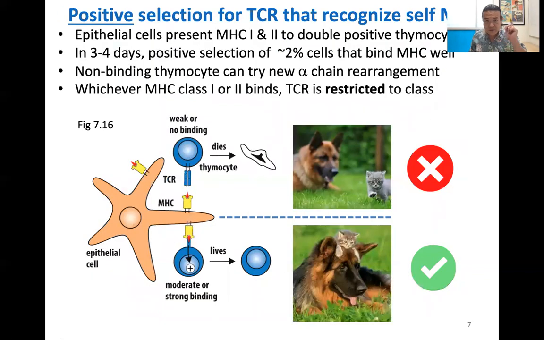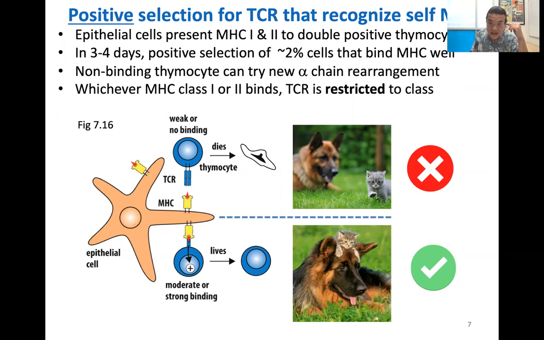I want to back up just a moment because I wanted to point out an important fact that I missed. I think it should be kind of obvious that if the shape of the TCR, like those loops at the end, came about through the random VDJ recombination process, you say to yourself, well, what are the chances then that they actually are the right shape to interact with MHC at all, right? The chances are really slim. That's why, after a few days of this type of selection process, only about 2% of developing thymocytes that successfully made a T cell receptor actually get positively selected for, right?